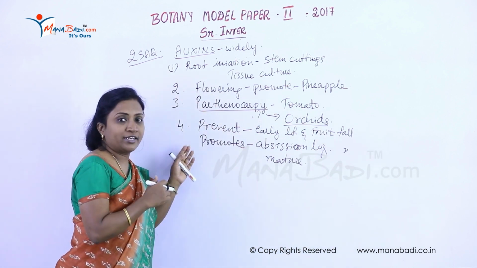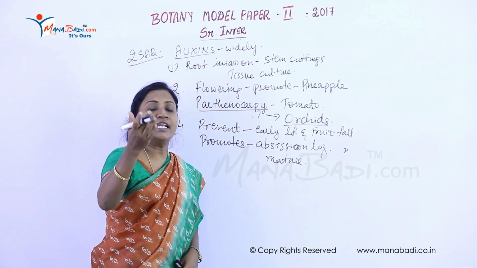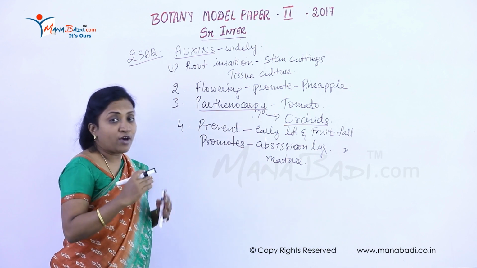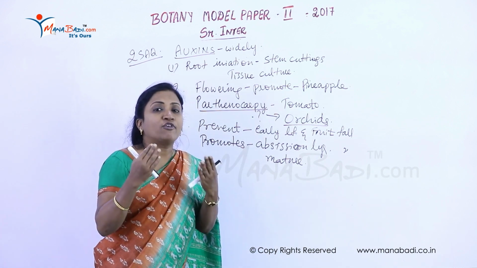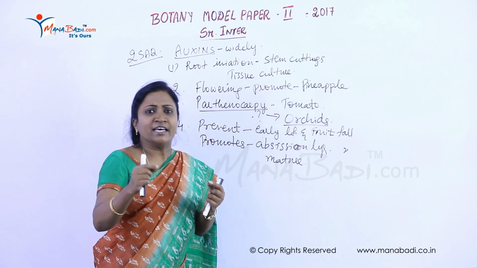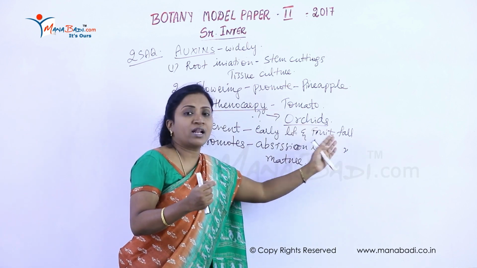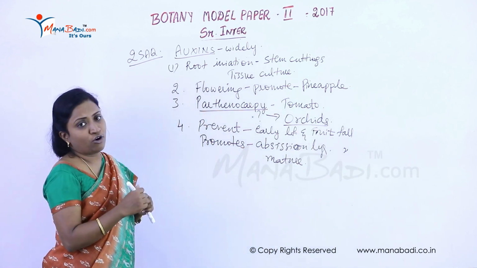So the fourth point is that auxins prevent early leaf and fruit fall, whereas they promote the formation of the abscission layer. The abscission layer is the dead layer at the base of the mature leaves as well as fruits. That is the fourth point.